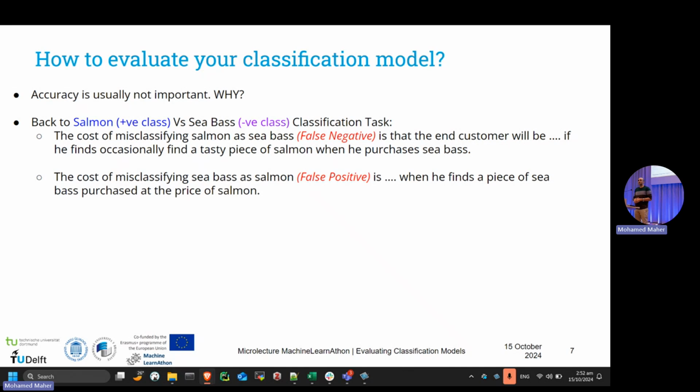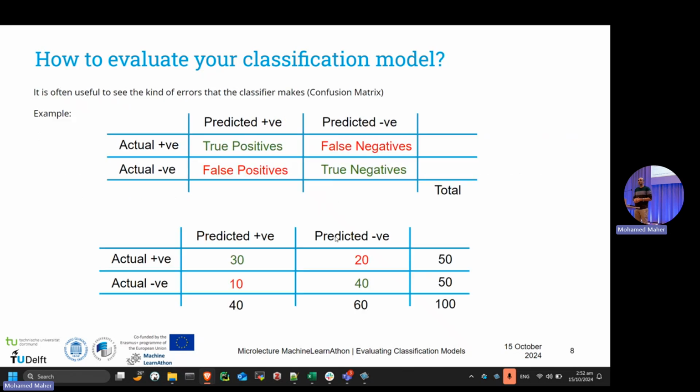The customer would be very angry because he paid more money for buying the salmon can, and he found a sea bass, which is cheaper than salmon, in this can. So we need to highlight in this business problem that the cost of a false positive is much more than the cost of a false negative from the model predictions.